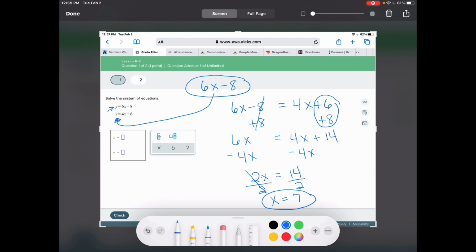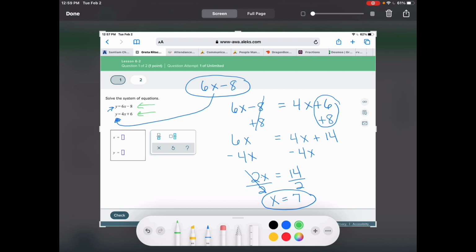All right, this is half of the information that I need. I know that x is 7, but I also need to figure out what y is. And so I'm going to take my value of 7 and plug it into either one of these equations. I will get the same answer no matter which I choose to plug it into.